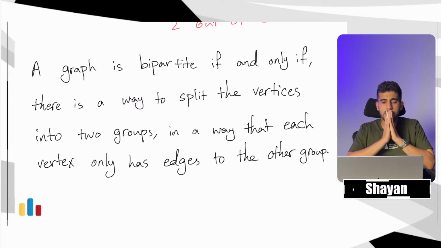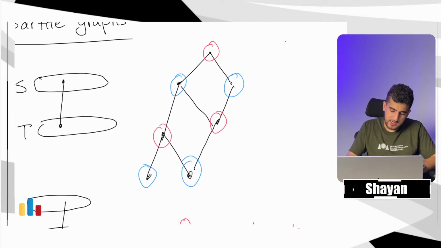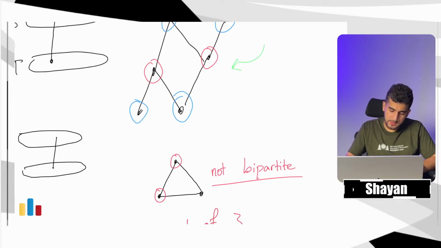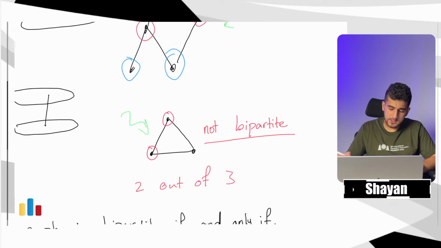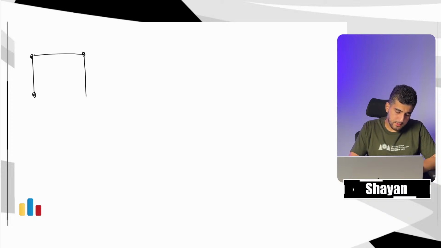So now let's take a look at some examples. For example, we saw that this graph was bipartite, but this graph was not bipartite. Let's now consider this graph. Is this one bipartite or not?